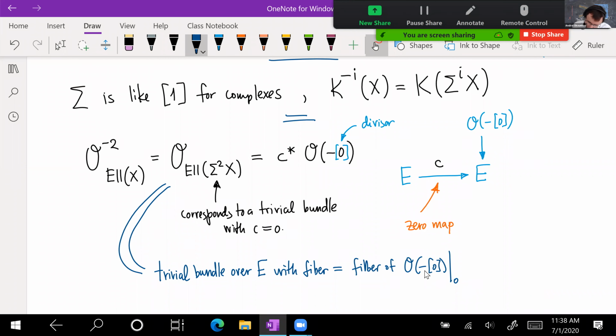Okay. So what are these? These are functions.